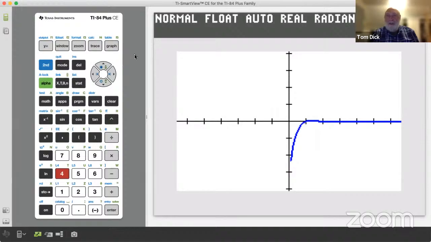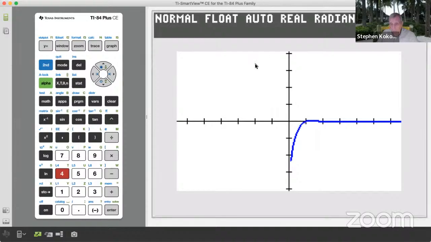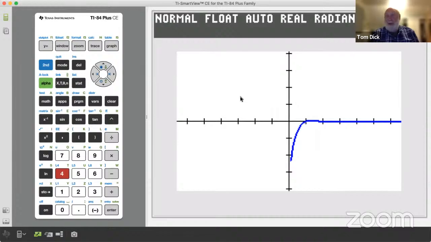Is it working away? What's your Y max, Tom? Okay. So you've got to go up to at least 5 to see this. Good point. So the graph may be off the screen.